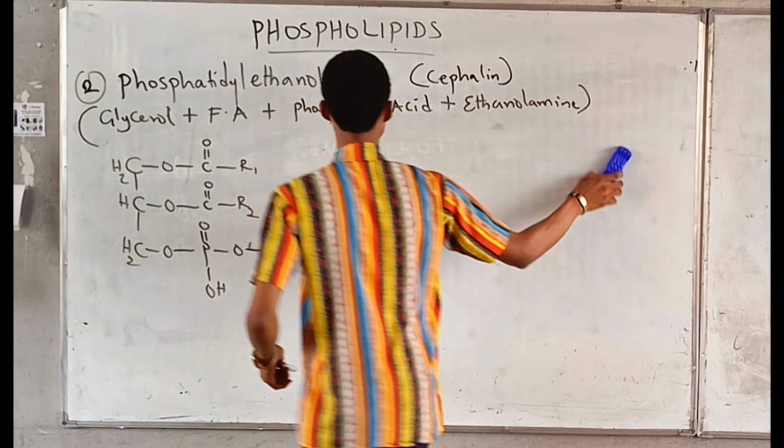First, the alcohol is glycerol, right? Plus, we'll have fatty acid, and the fatty acid will be on carbon 1 and carbon 2. Then we have phosphoric acid, right? And then we have a base, ethanolamine.